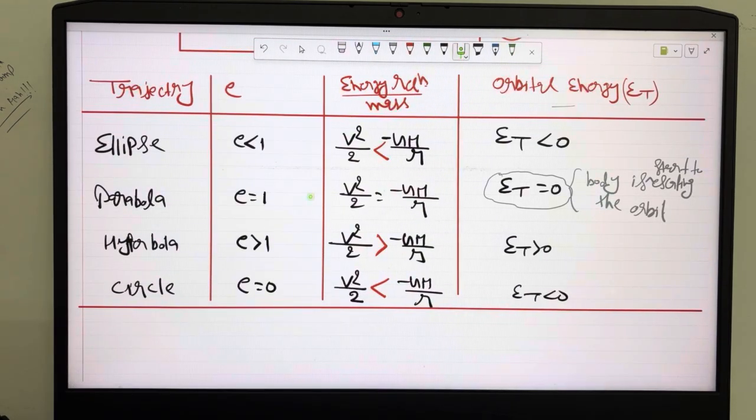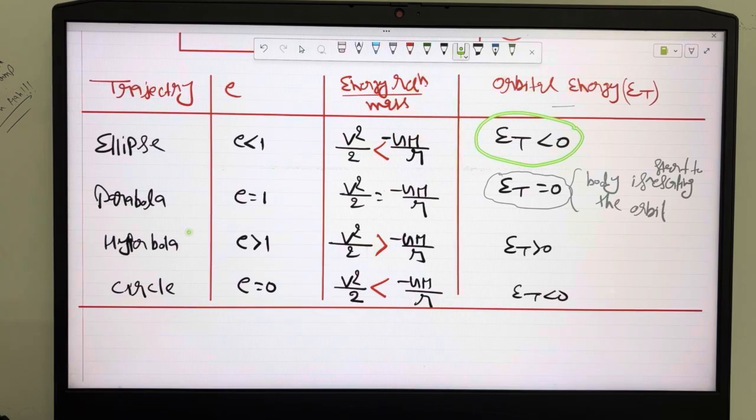If you want to stay in the orbit, it means circular or elliptic, then your orbital energy must be negative. If you want to stay in an elliptic or circular orbit, then your eccentricity must be less than 1 or equal to 0, or your orbital energy must be less than 0.